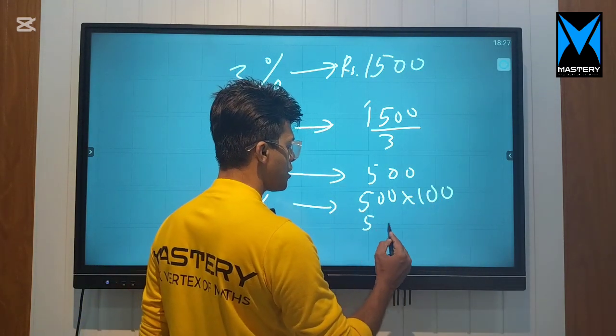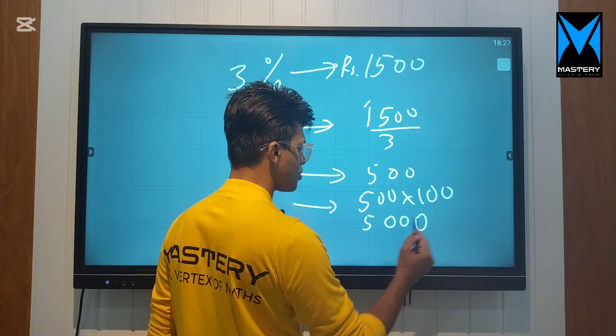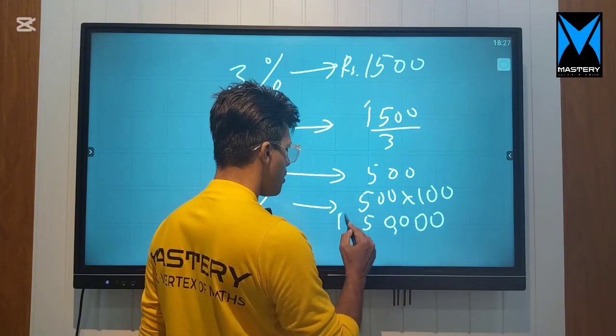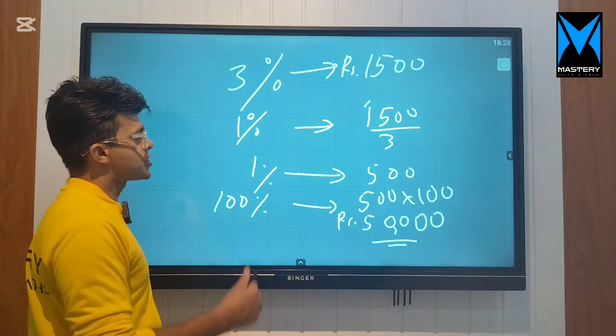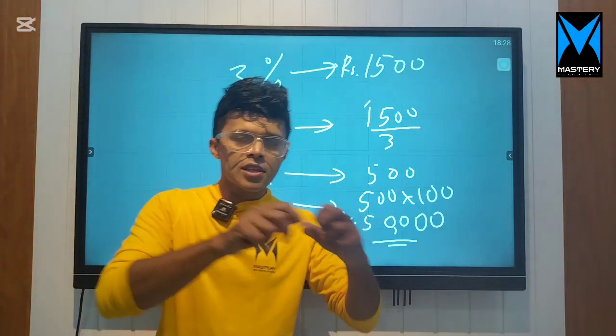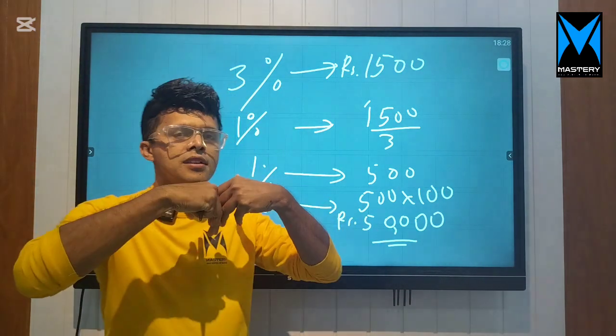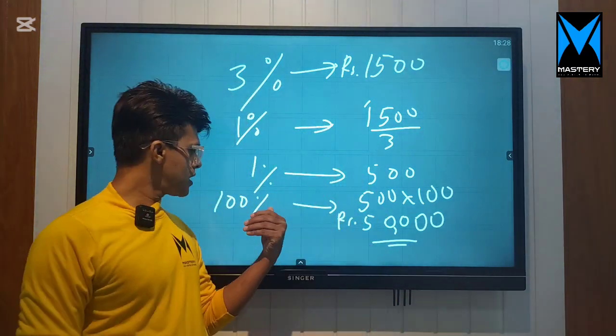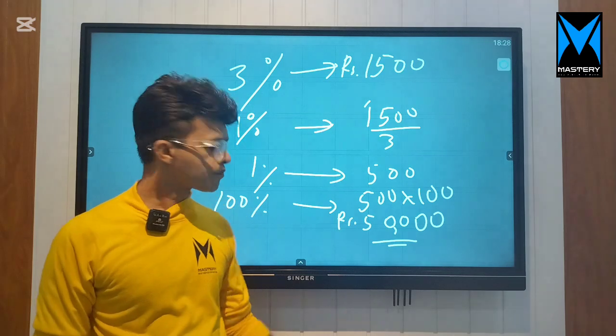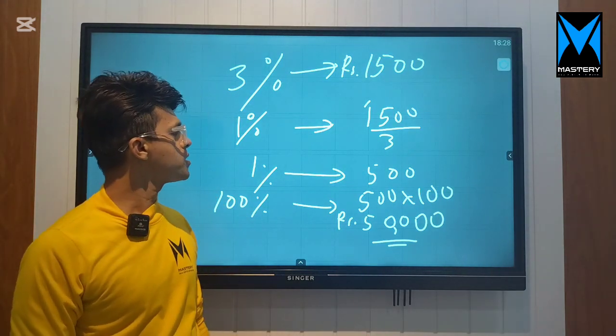How many zeros? 4 zeros. So the full amount is 50,000 rupees. Okay, if 3% is 1500 rupees, the full amount is 50,000 rupees.